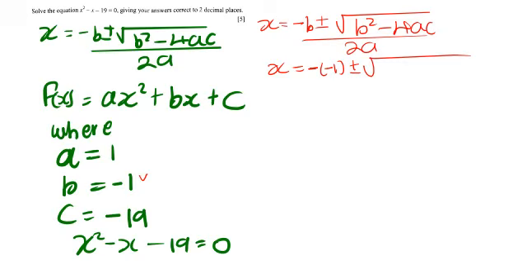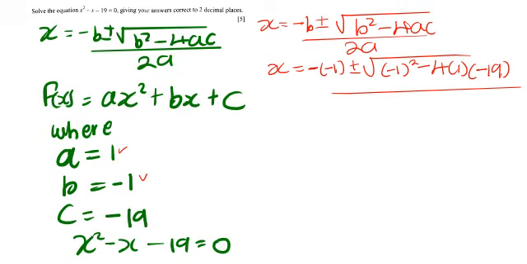Since b is negative 1, you have negative 1 everything squared, minus 4, and then our a is 1, so you put a 1 there, and our c is negative 19, so you open a bracket, negative 19, and close the bracket, everything divided by 2 times a, which is just a 1. Therefore you use simple algebra to come up with the values.